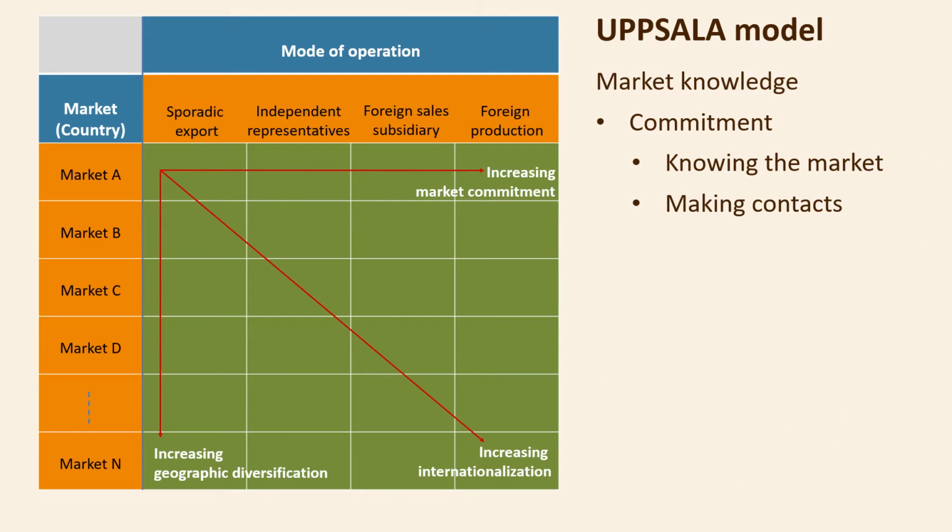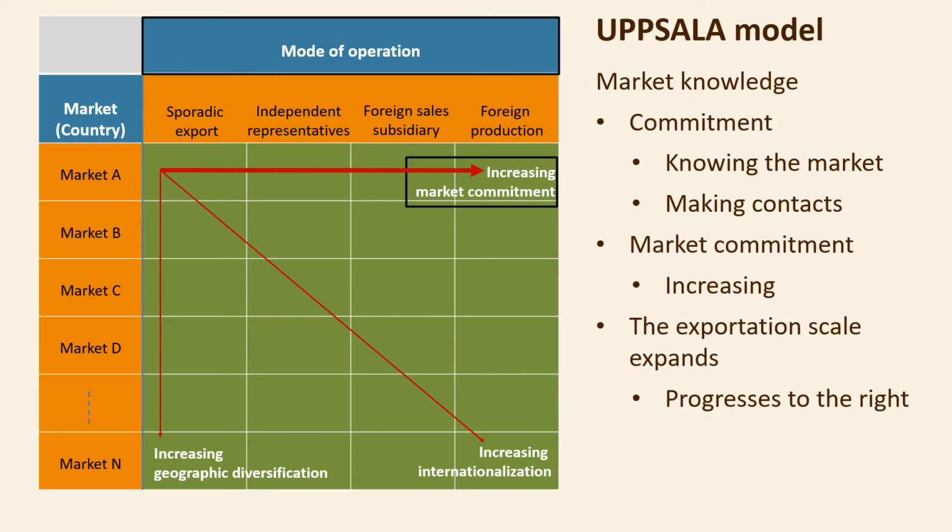The model emphasizes that it is essential to have market knowledge and a commitment to the market to know the market and make contacts. The company's market commitment increases the more it connects to a new market. The exportation scale expands as one progresses to the right in the operation mode.